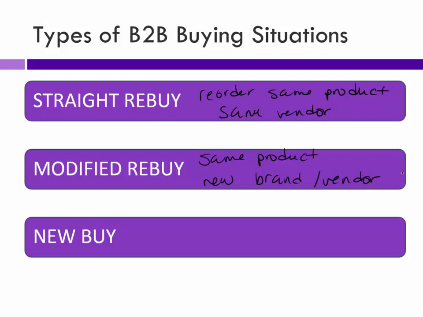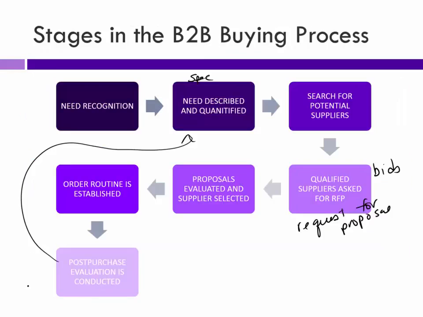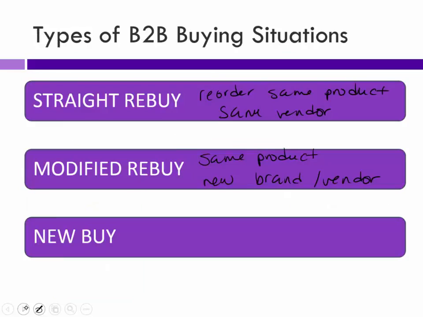So I still need paper for the copier, but now I'm going to look at, can I get a better deal somewhere else, or can I get lower quality paper or something like that. So it's a regular order, but now I'm changing some part of it. So for the modified rebuy, I might start out here. Maybe I'm going to look at new things. I'm not going to spec it all out again, but I'm going to maybe start looking for new vendors.